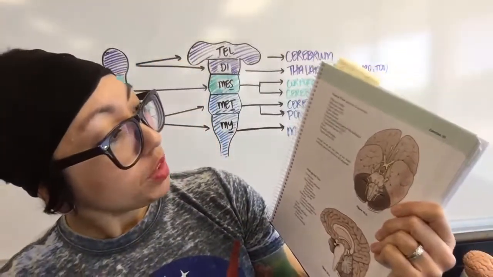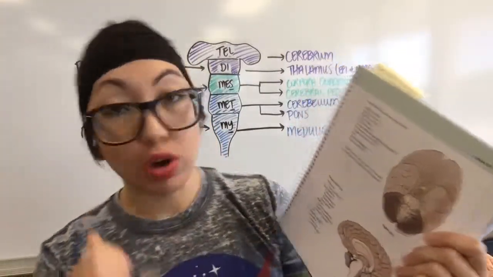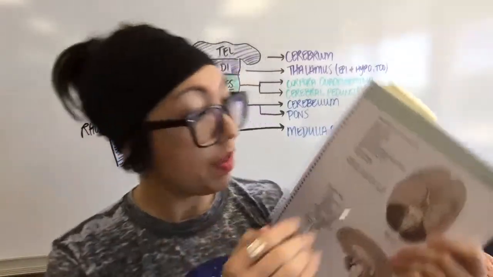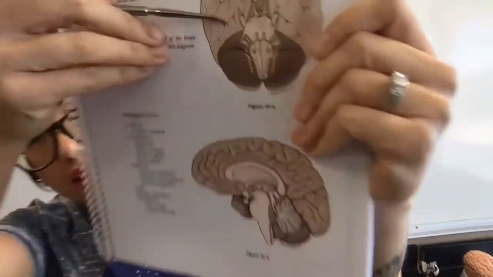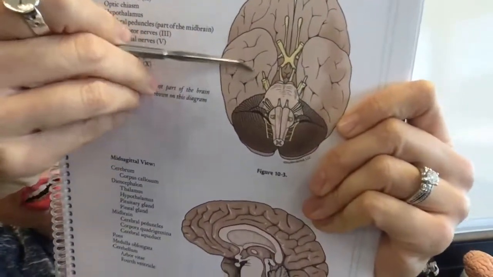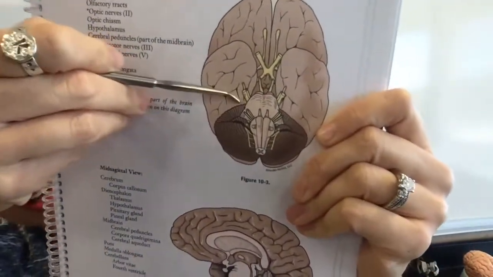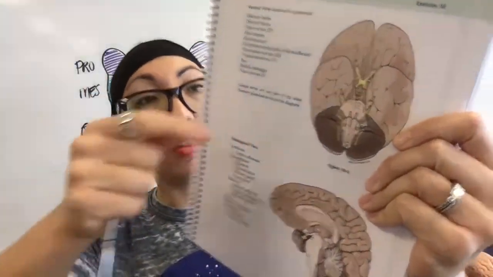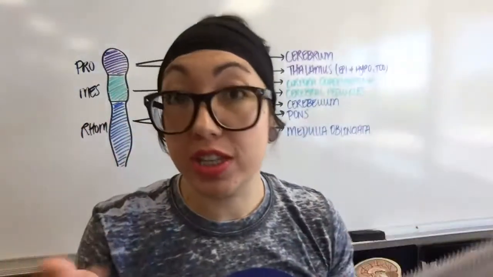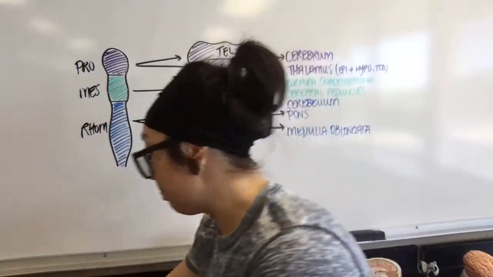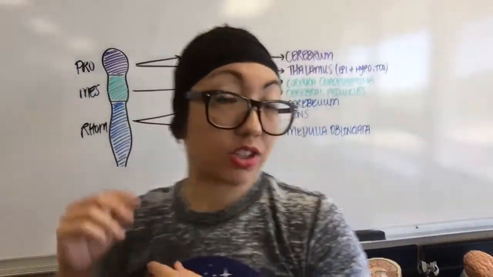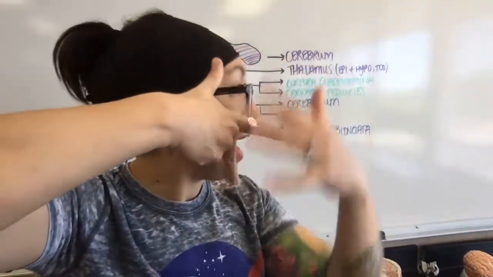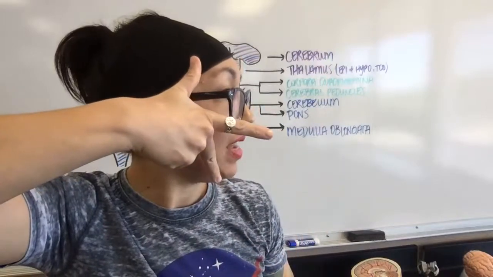Okay, so next we have the trigeminal nerves, cranial nerve number 5, and that is going to be this portion right here. Think tri means 3. There are 3 divisions of that nerve, and it kind of makes a pattern like this on the face.